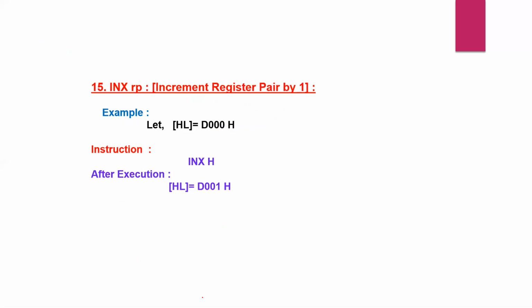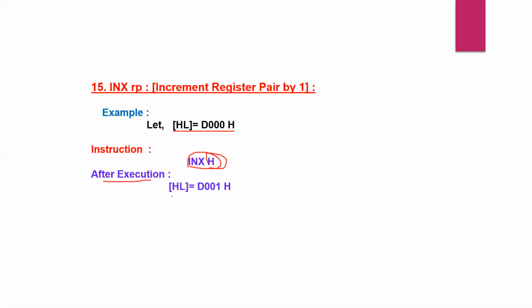Now next instruction is INXRP, that is increment a register pair by 1. This instruction increments the content of a register pair RP by 1. For example, let HL pair contains data D000H. Instruction is INX, that is increment a register pair.